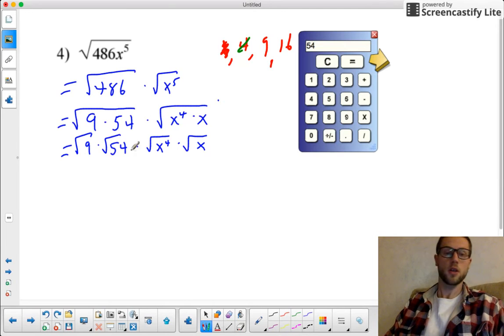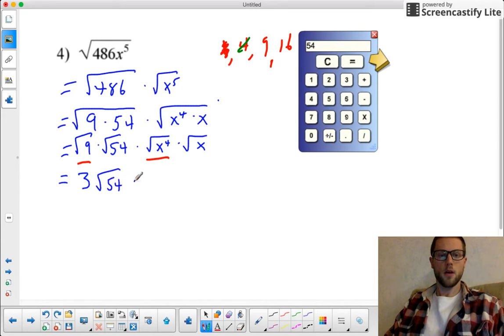I can rearrange things and move them around any way I like. I know what the square root of 9 is, and I know what the square root of x to the fourth is, so let's fill those in. This becomes 3 times the square root of 54 times x squared times the square root of x.